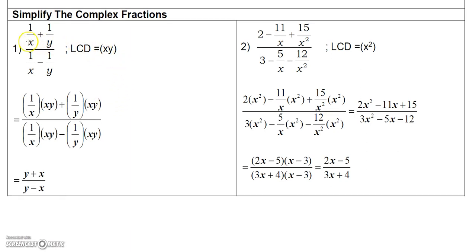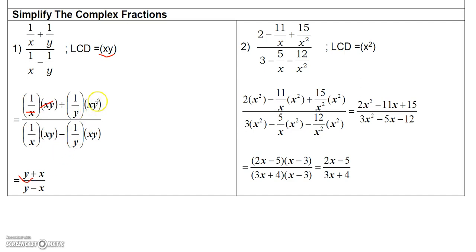Okay, so in this example, the little fractions 1 over x, 1 over y have a common denominator of xy. Since we have the same fractions down here, just a different sign, the lowest common denominator would be xy. So basically I'm going to multiply xy times each of these 4 terms. I'm going to multiply xy times 1 over x, and like what I did a minute ago, the x's will cancel, and that'll give me y.